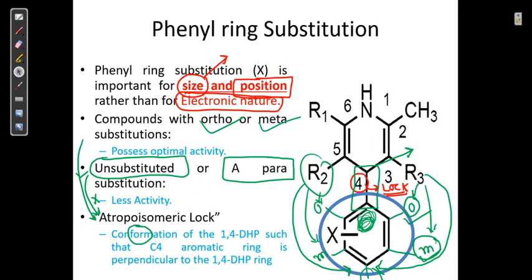What are the two doors we are locking? One is the 1,4-dihydropyridine and the C4 aromatic ring. They are perpendicular to each other, and they are going to be locked. That is known as an atropisomerism lock, and that lock is essential, and the lock is done by ortho and meta substitution on the phenyl ring.